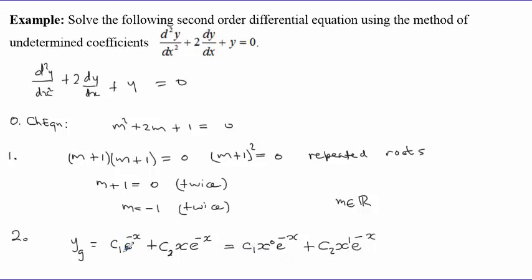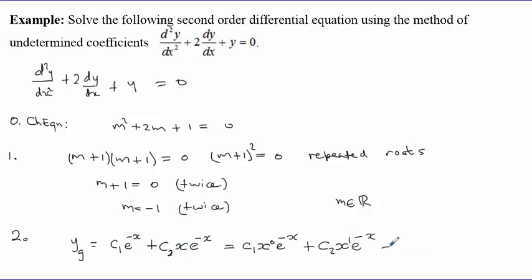So we must understand that when the root is used for the first time, the variable x is to the power 0. When it's used for the second time, one step, that variable x is to the power 1.